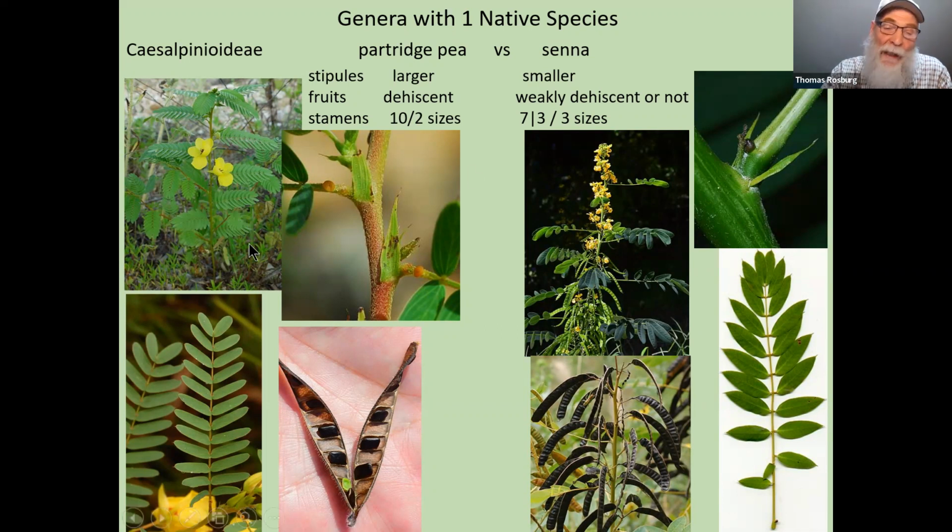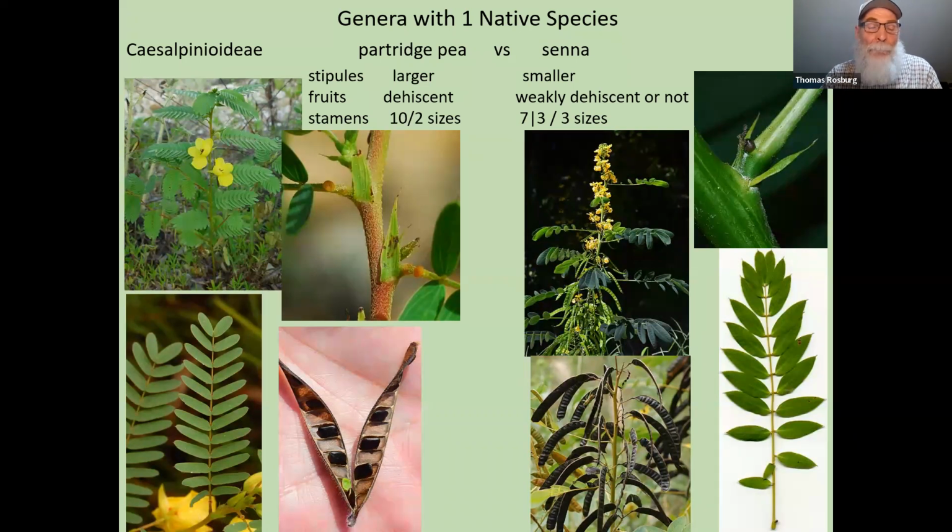And then the other thing is the stamens. If you have the flowers, you can look at the stamens and really see a big difference here too. In partridge pea, there'll be 10 stamens, but there'll be two different sizes of them, two different heights, in two different groups in a sense. Over in senna, there are 7 stamens and 3 staminodes. So there's 10 stamen-like structures, but 3 of them are staminodes.